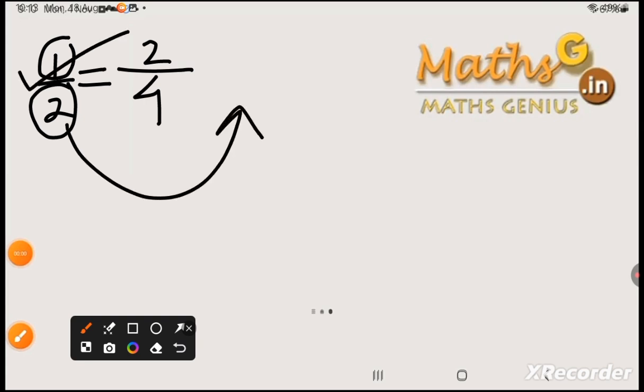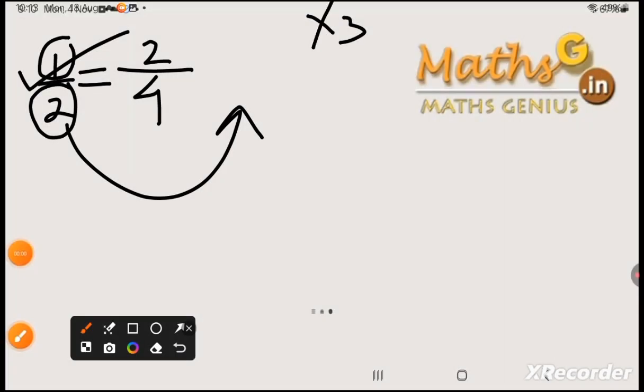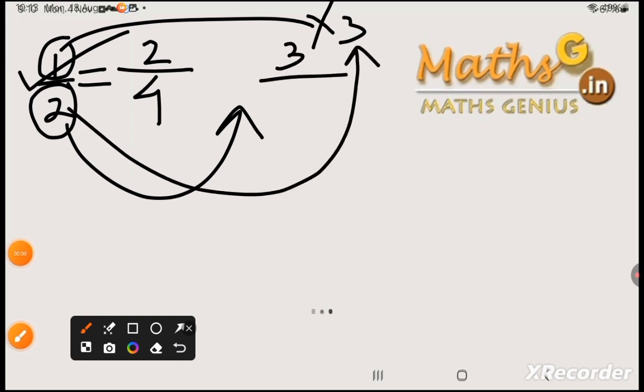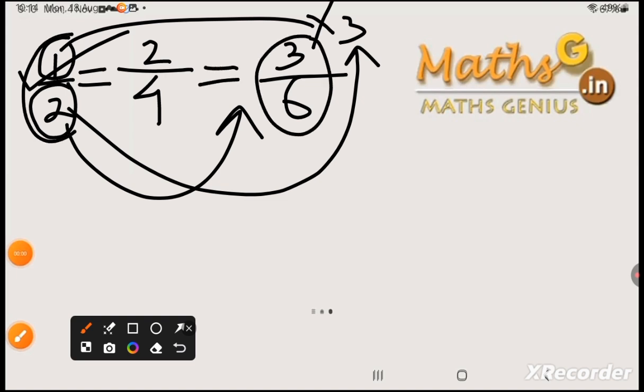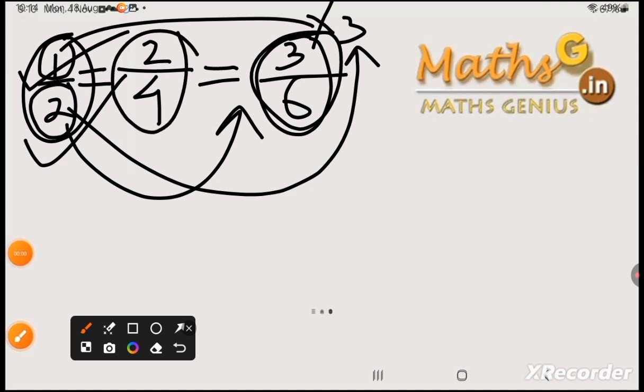Again, let's try multiplying with 3. 1 multiplied by 3 is 3, 2 multiplied by 3 is 6. Is 3 by 6 equal to 1 by 2? Yes. Is 3 by 6 also equal to 2 by 4? Yes.